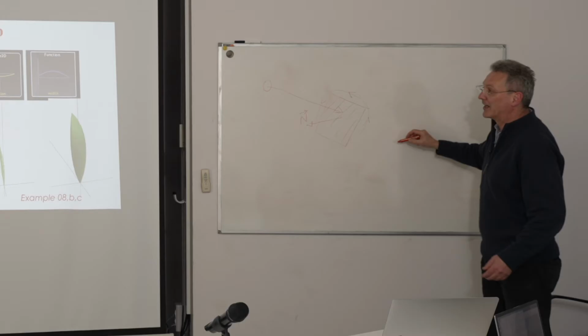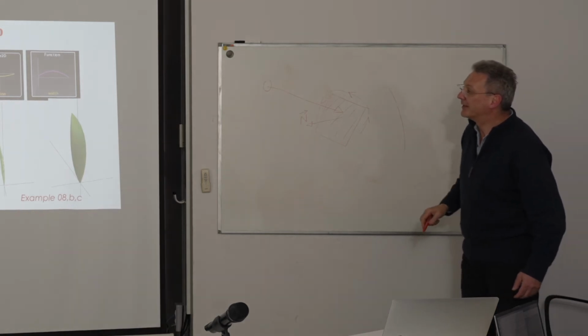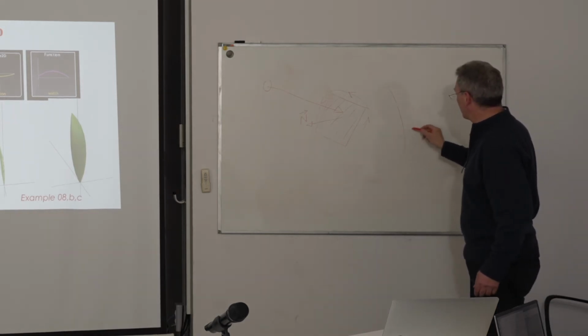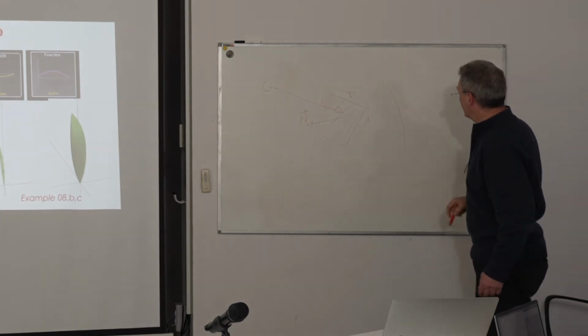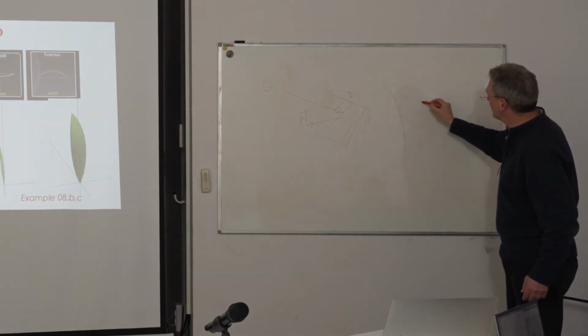So imagine that I have my nerve, it would be like this. I have my section that would be, I don't know, like this. Okay. And then the width would be something that would go like this.